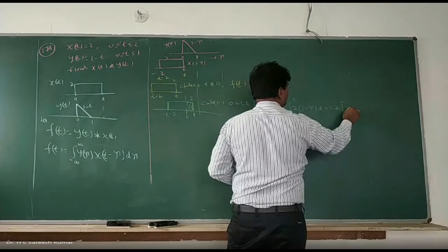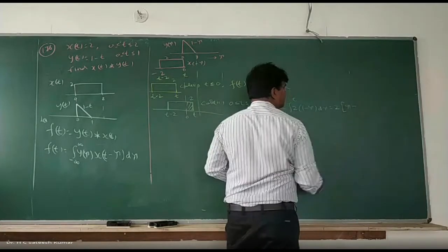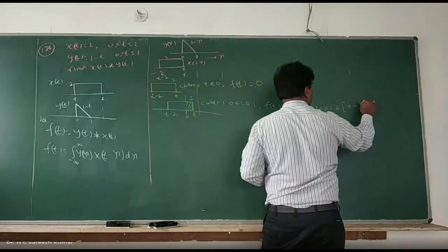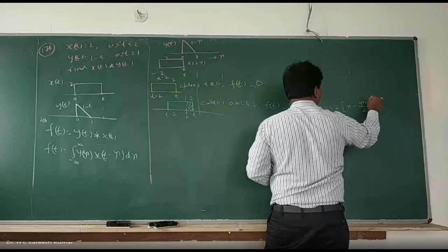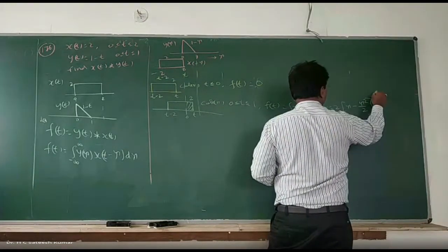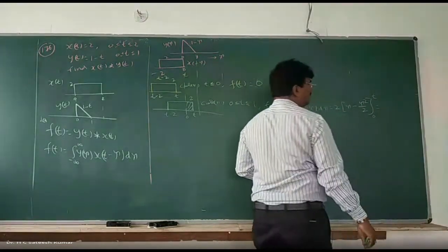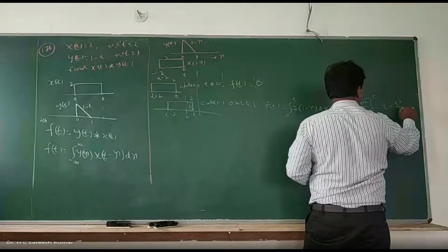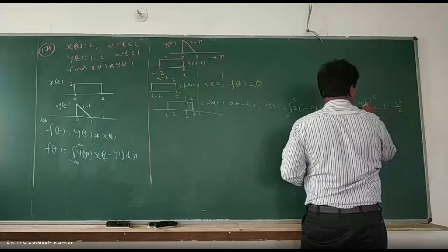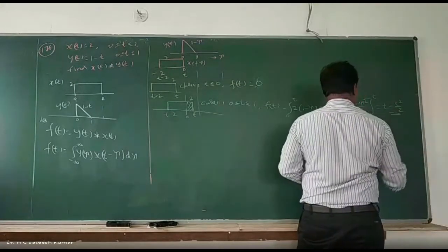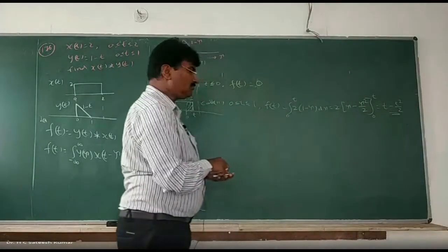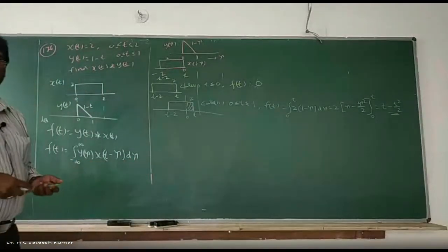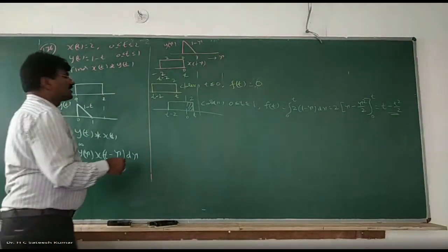Integration of 1 is tau, minus integration of tau, which is tau square by 2, between the limits 0 to t. Upper limit is t minus t square by 2, minus lower limit, which is 0. So t minus t square by 2 is the answer. Is that okay? Right. Next one.